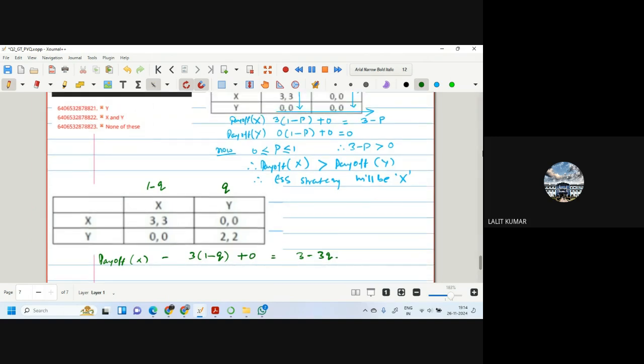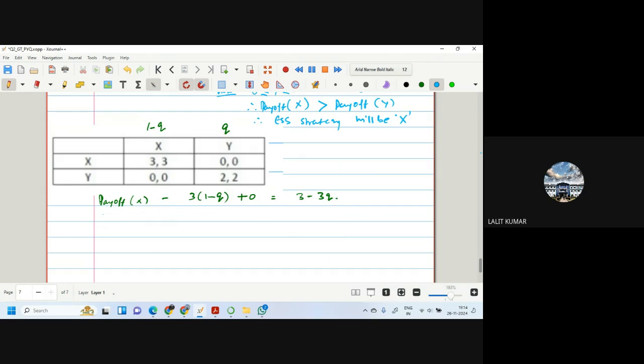We made a mistake here earlier; it should be 3 minus 3p. The payoff from y will be 0 plus 2q. So for x, 3 minus 3q should be greater than or equal to 2q.